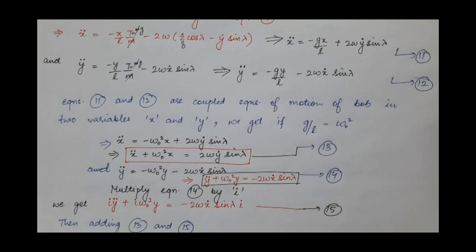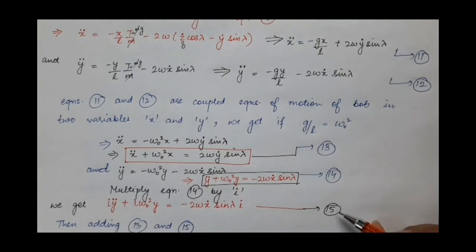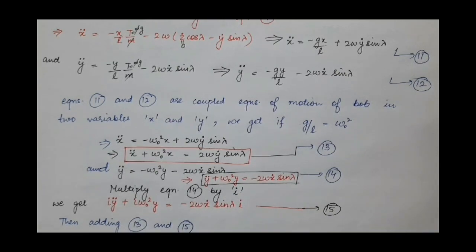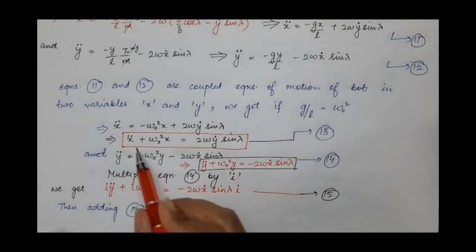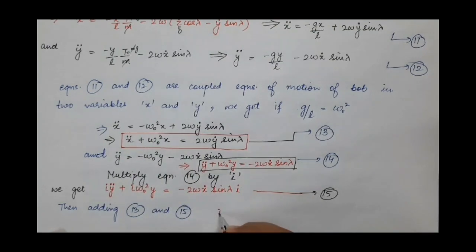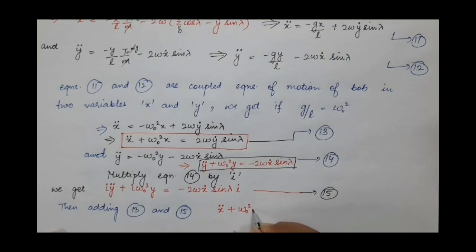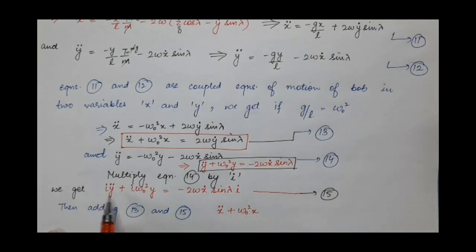Now add equation 13 and 15. On adding equation 13 and 15, what will we get? In equation 13, we have x double dot plus omega naught square x. This is the left hand side of equation 13. Now add the left hand side of equation 15 to this.